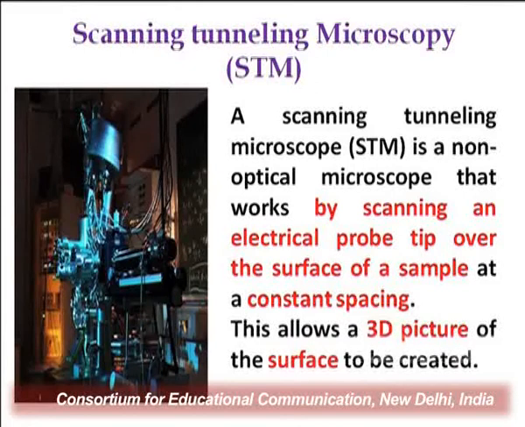Here we are not using light to scan the surface, so it is a non-optical microscopy. The probe moves over the surface with a constant spacing, and it moves by using the electrical voltage. By this we can get a 3D picture of the surface of the nanomaterials. So this is the scanning tunneling microscope.